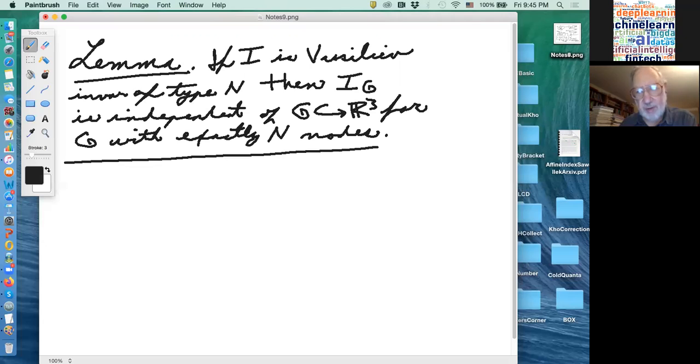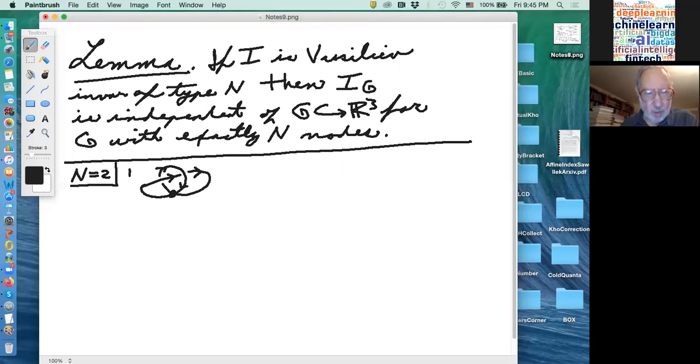Now, to illustrate what this lemma means, let's suppose that n is equal to 2, and we're thinking about trying to calculate a Vasiliev invariant for this little knot that we were looking at before, and then you'll understand immediately what I'm talking about. So I wish to look at this.